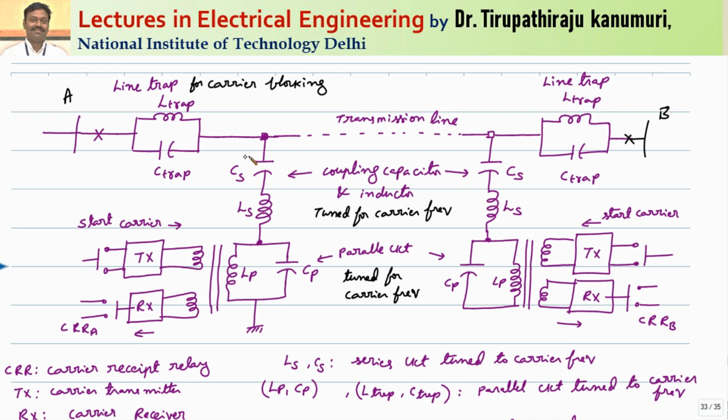That means for the carrier frequency it will offer the minimum impedance, so the carrier signal is easily transmitted to and fro across this line, whereas for the supply frequency it offers very high impedance, so the supply frequency cannot pass. I am repeating once again: series resonance offers the minimum impedance at the resonant frequency, whereas a parallel resonant circuit offers the highest impedance at the resonant frequency.